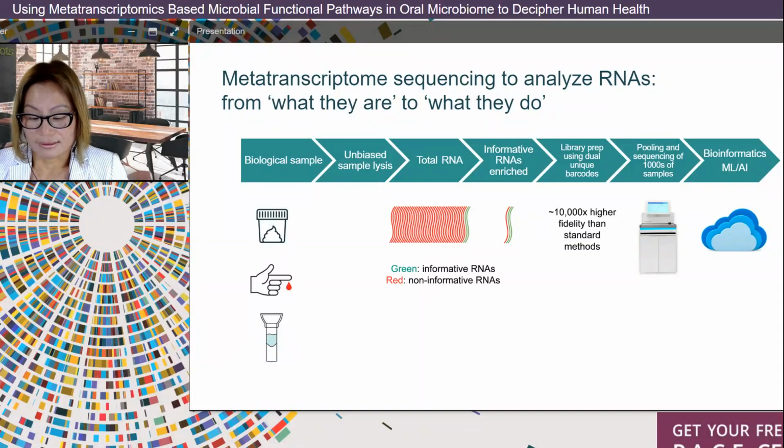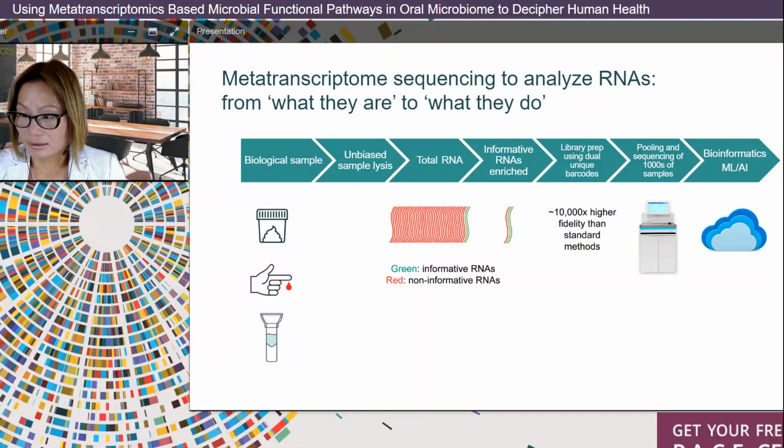Typically, ribosomal RNAs could take up about 98% of RNA molecules from this pool. So we will need to deplete them to enrich the informative RNAs, largely messenger RNAs. From the many red to green, we want to get more greens and relatively little of the red RNA molecules in the pool, as shown in the illustration.